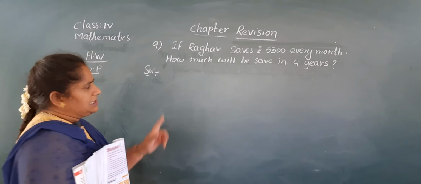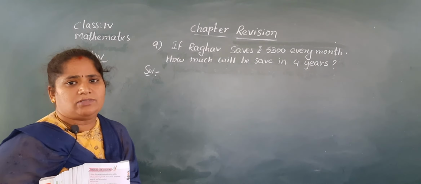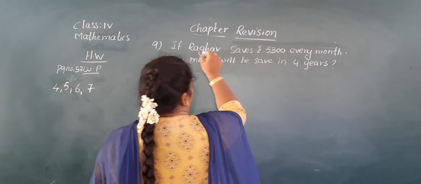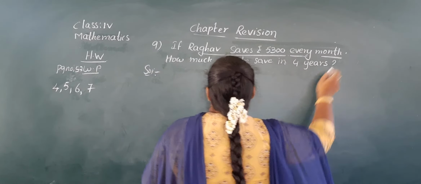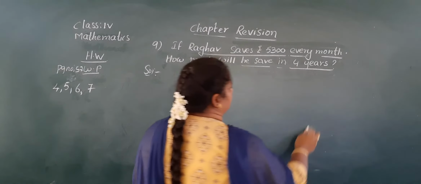So if Raghav saves 5,300 rupees every month, how much does he save? 5,300 every month. Now we have to find how much he saved in 4 years.